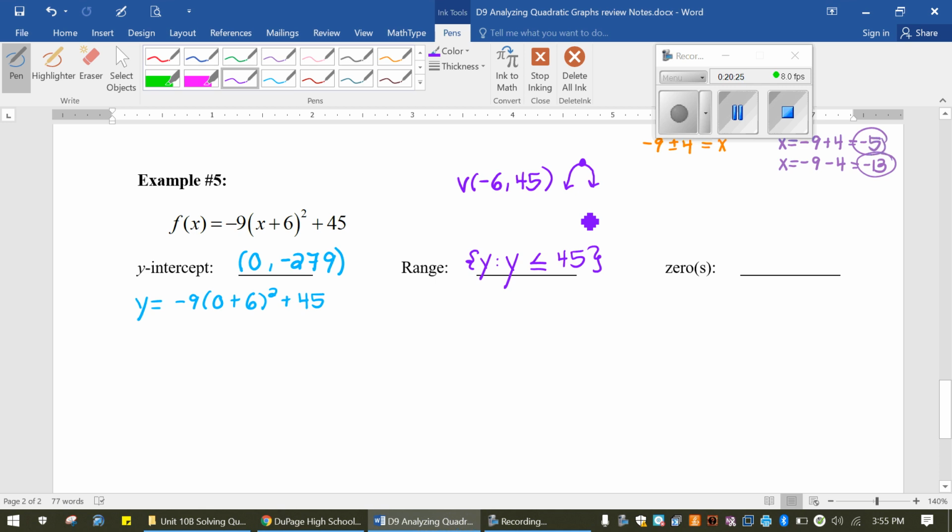And then for the zeros, we're going to say 0 equals negative 9 times (x plus 6) squared plus 45. So subtract 45, and then divide by negative 9.